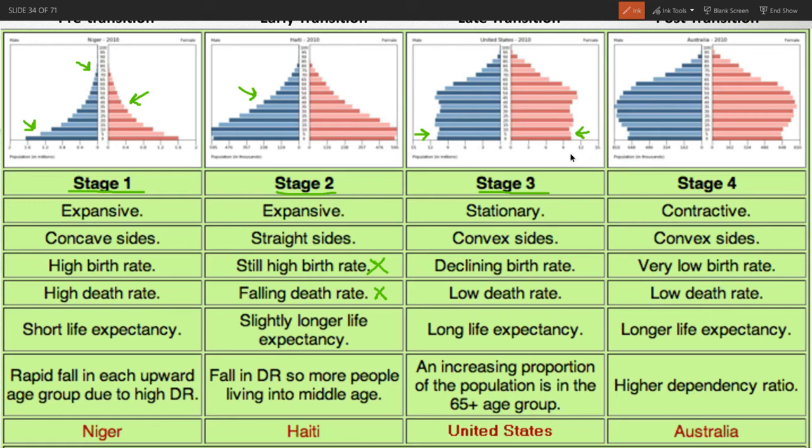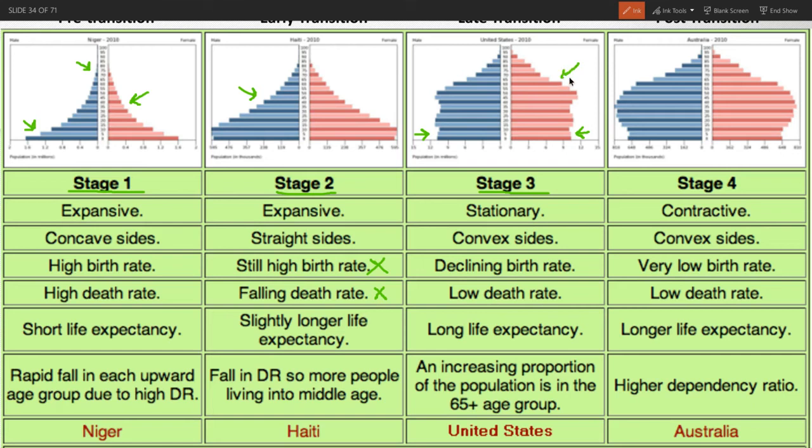At the same time, your medical technology, medical care, medical systems improve. So those people who would normally start to succumb to disease and illness at a younger age are actually able to live to be older now.